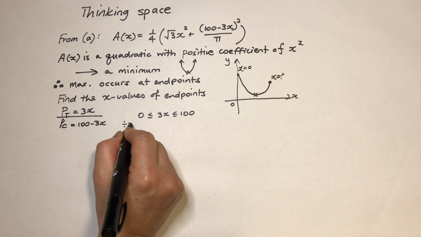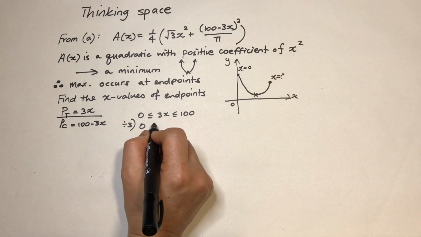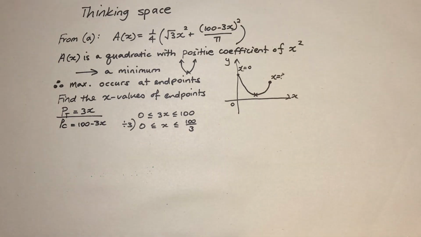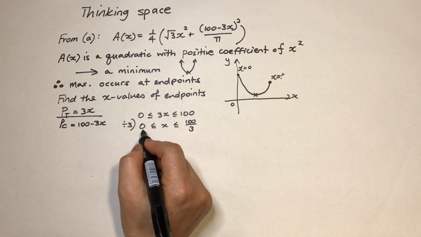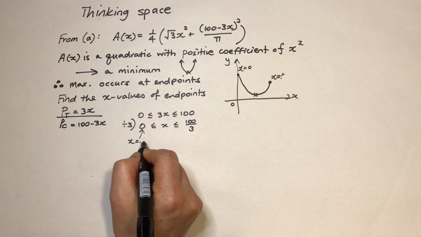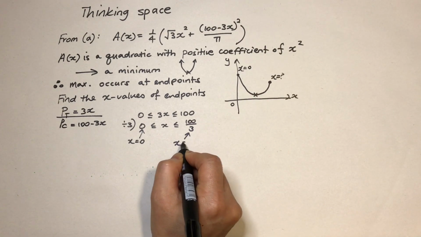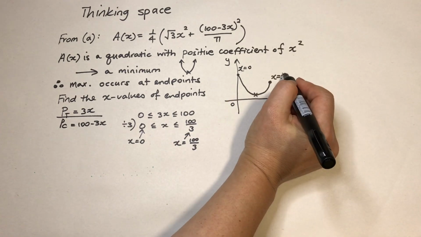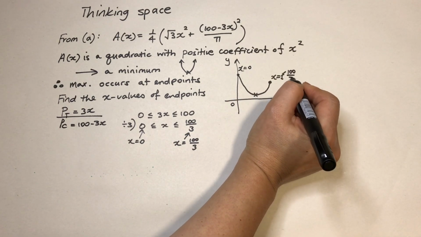So I'm going to divide it by 3 on this. It'll be 0 to 100 over 3. So here are my x values. When x equals 0, when x equals 100 over 3.